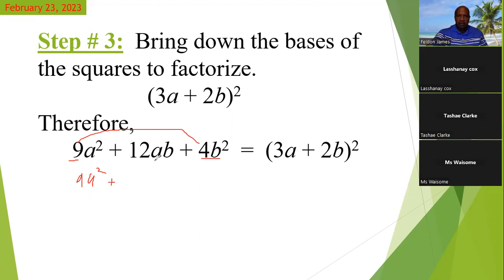It would have been x, but now in this case we have to write back the a beside it. So we know the two factors would be 6b, but we put back the a beside it. So we'd have 6ab plus 6ab plus 4b squared.